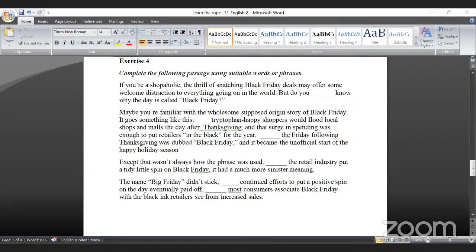Think about it. What connector can you use? Since. Sorry, louder, please. Since.